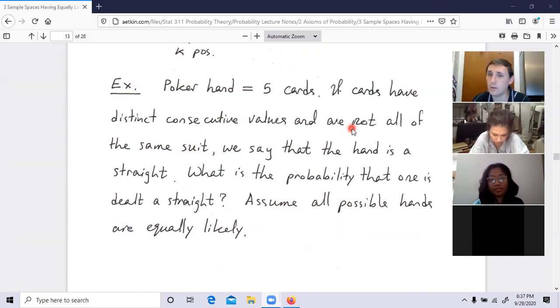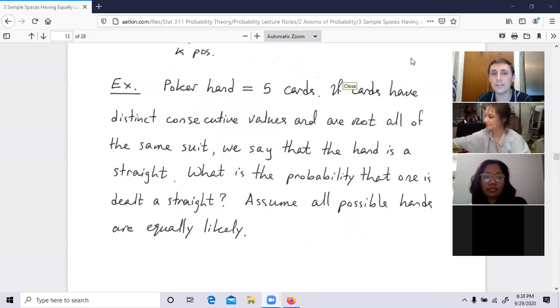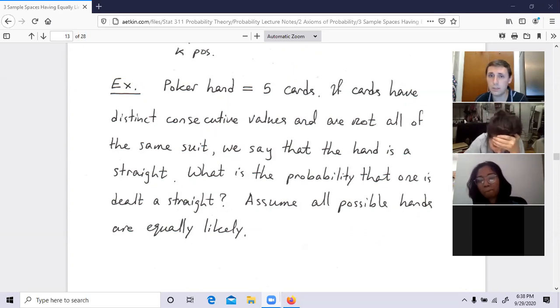How many cards do you have in total? 52 cards. And how many suits? 4 suits. So there are 13 different cards within one suit. Good. Now try to figure out the probability of being dealt a straight in poker.